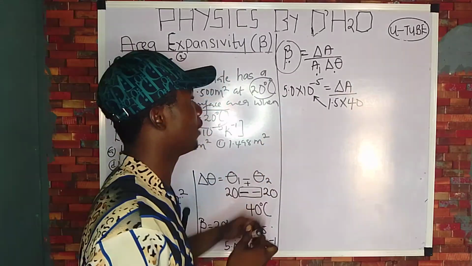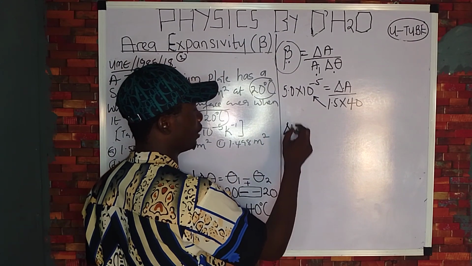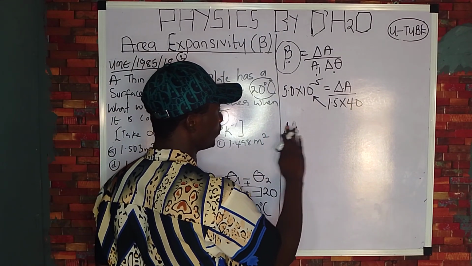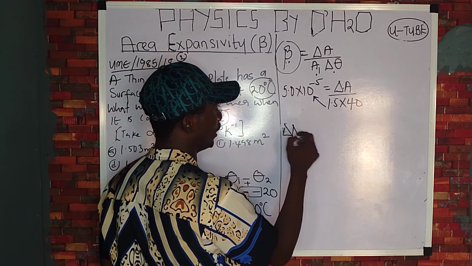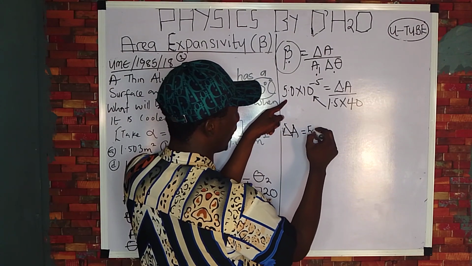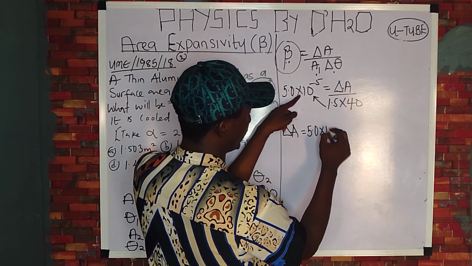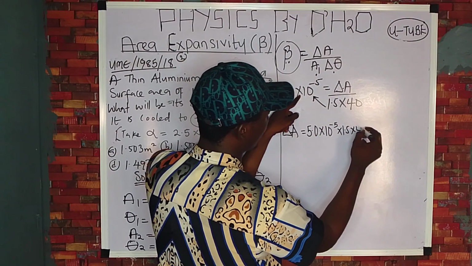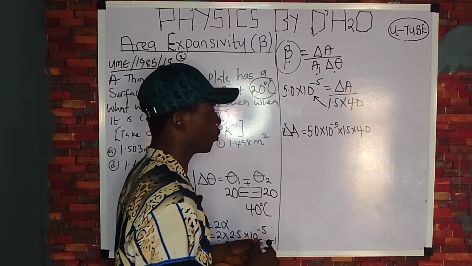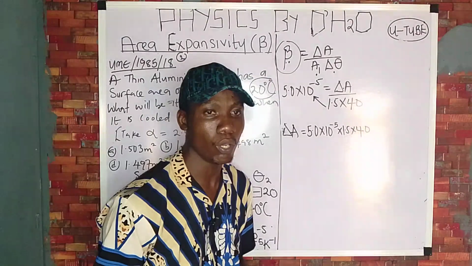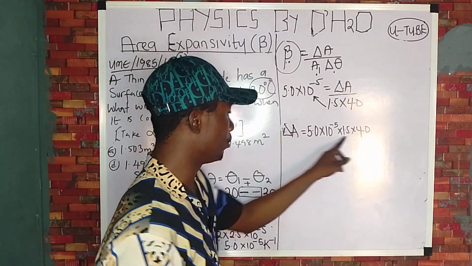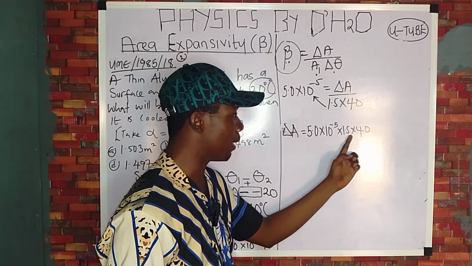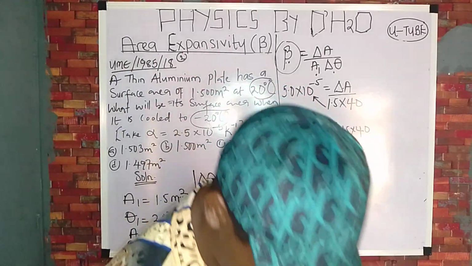When you cross multiply, you have your change in area equals 5.0 times 10 raised to the power of minus 5 times 1.5 times 40. Okay? So we are going to use our calculator to get these values.